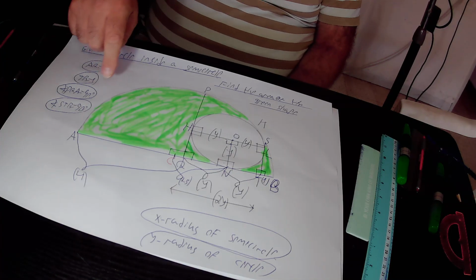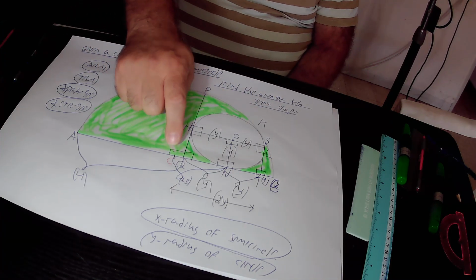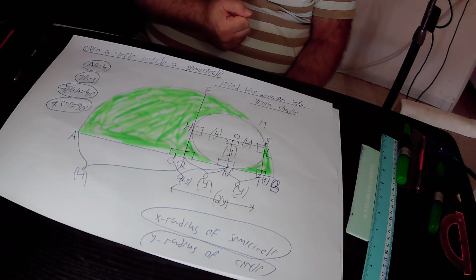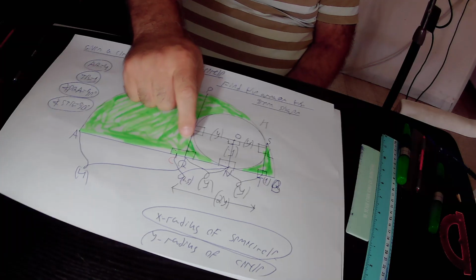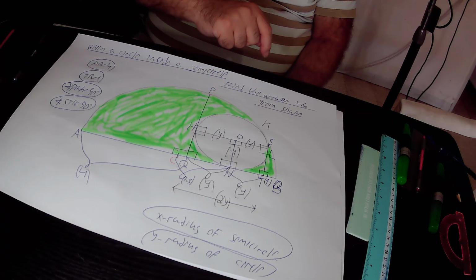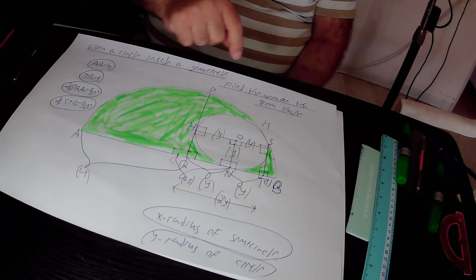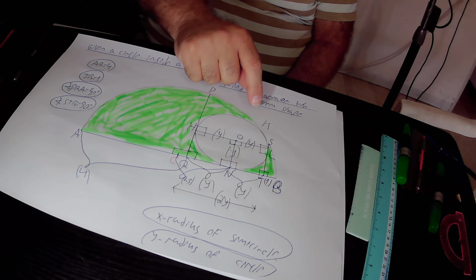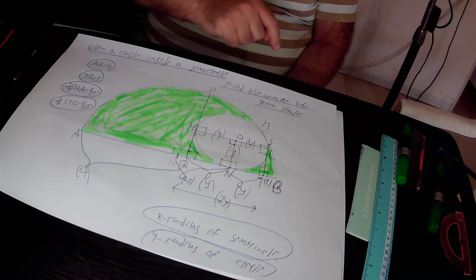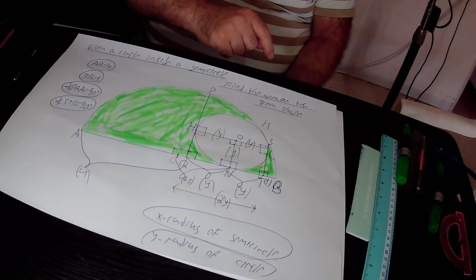The center of this big semicircle is at point C. The center of this small circle is at point O. The straight line that connects their centers together is of course the straight line CO. According to rule 9, CO must pass through their touching point, that is point K. Or COK is one straight line.